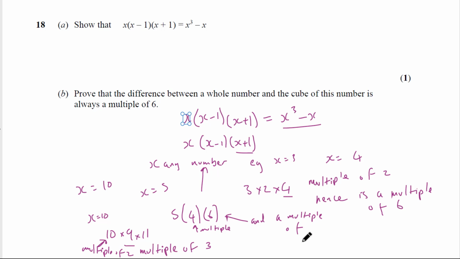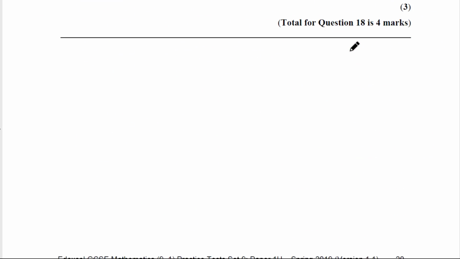And 2 times 3 is 6, so hence it's always a multiple of 6. You can try that for any number for x and you'll see that. That's essentially the proof, I believe. That's all you need to do, but I've just written extra explanation so you understand it. And that is the end of the paper, I believe.